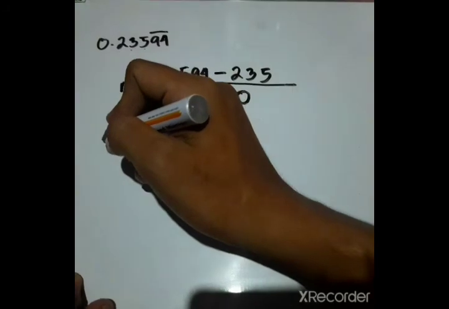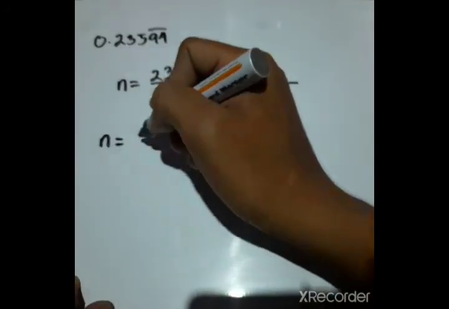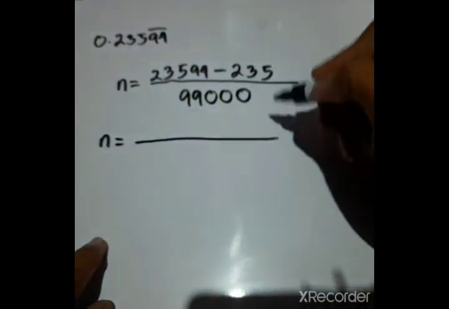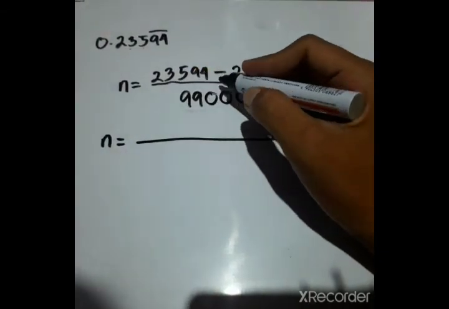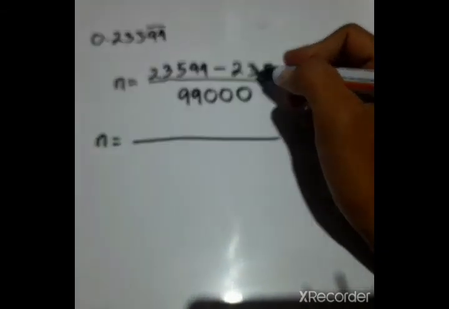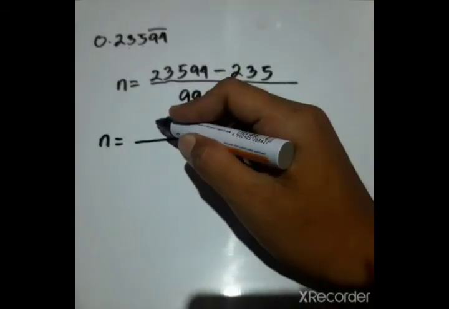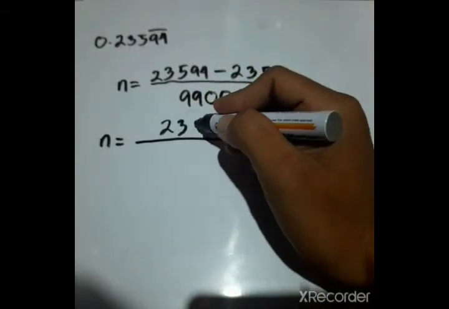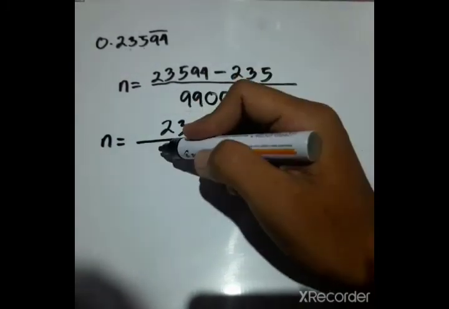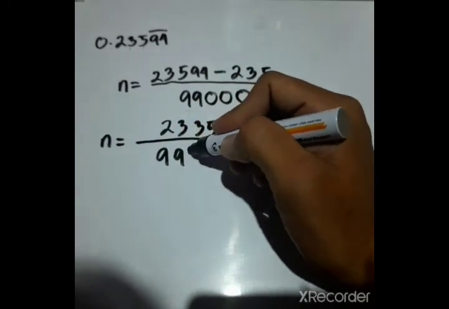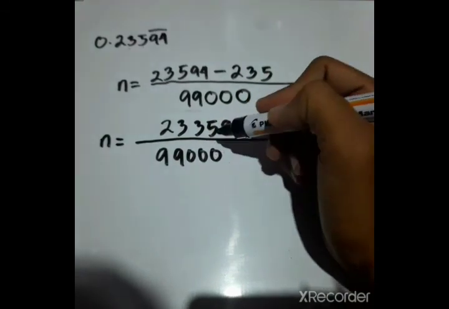So let's simplify our equation. We have n is equal to 23,594 minus 235, which is equivalent to 23,359. So we just copy the denominator, 99,000.